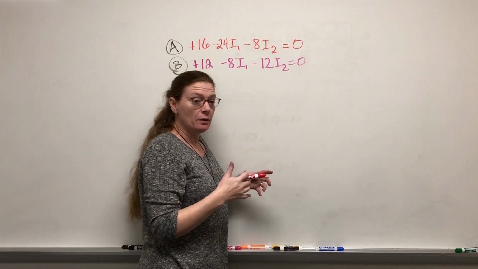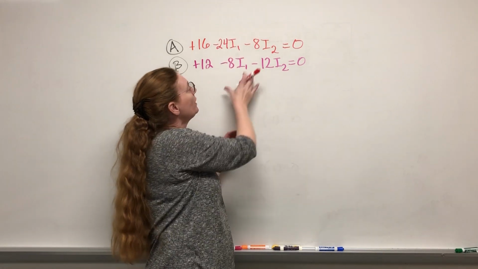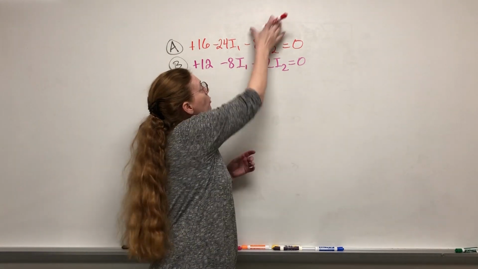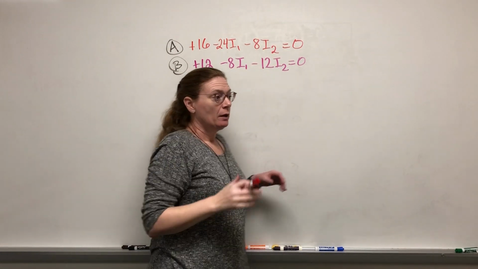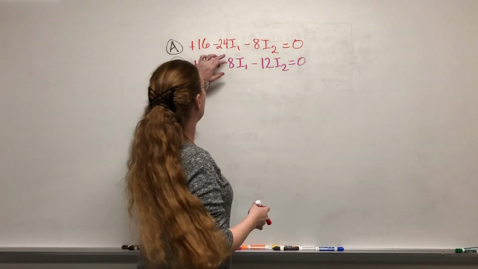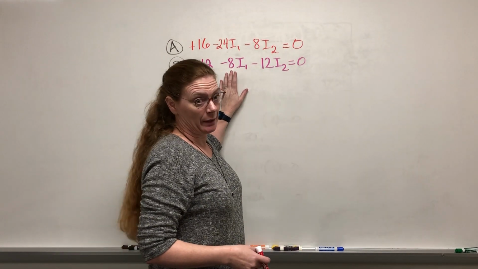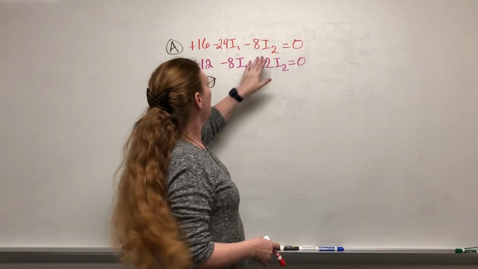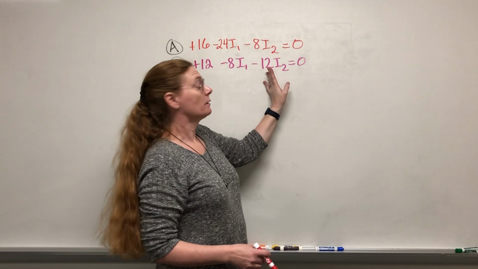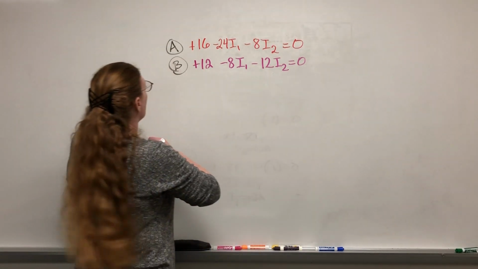Well, our goal still is to remove one of these columns, to add up the columns so that either I1 becomes 0 or I2 becomes 0. In this case, it's not straightforward, like an 8 and an 8, but 8 and 24 have a common factor. Well, 24 is the factor. 8 and 12 also have 24 as a common factor.